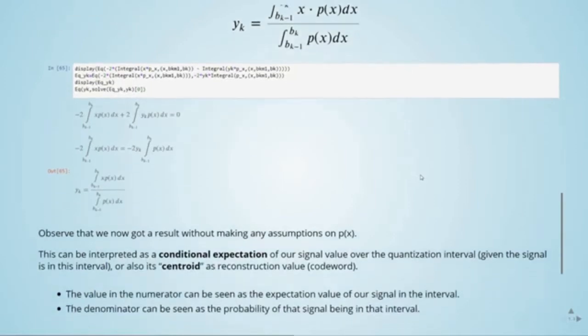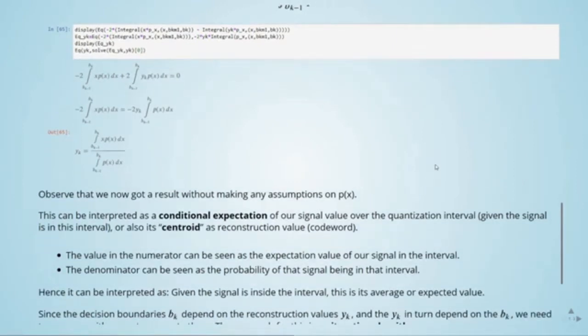This can be interpreted as a conditional expectation of our signal value over the quantization interval. Or also it's the centroid, the centroid as a reconstruction value or code word.